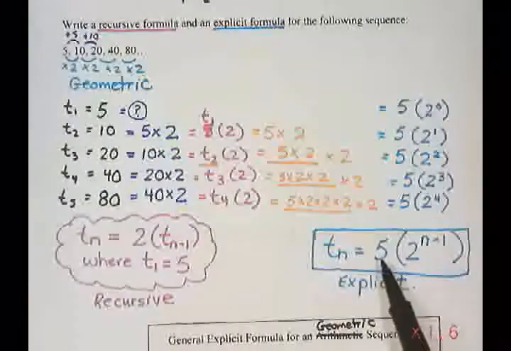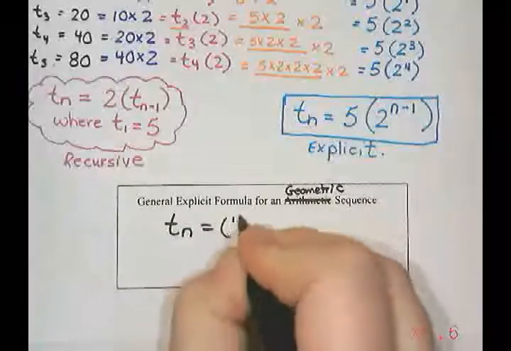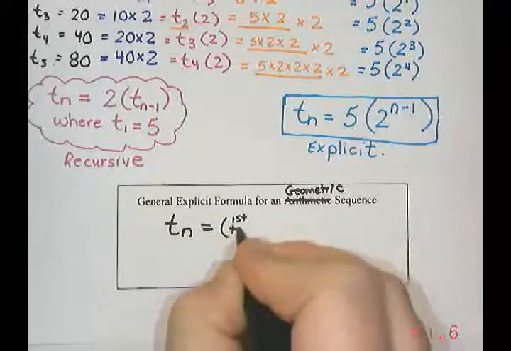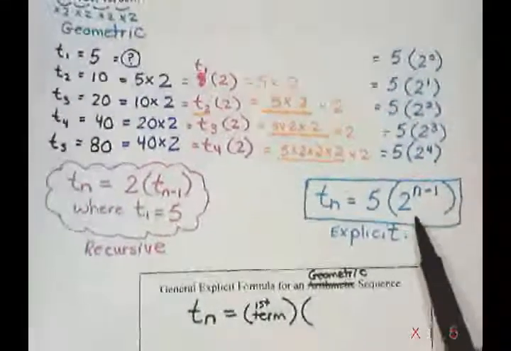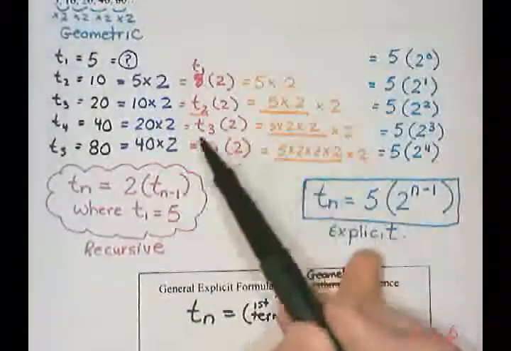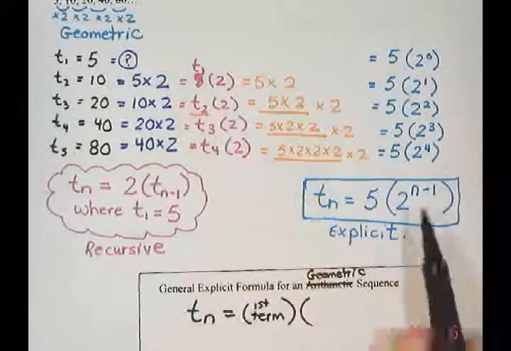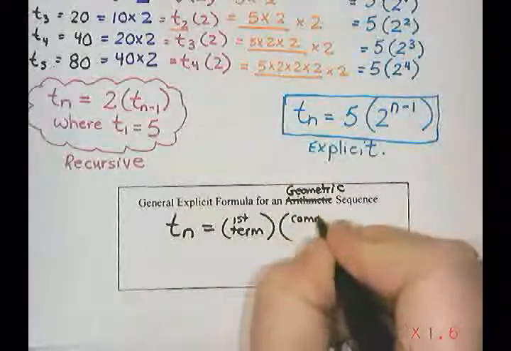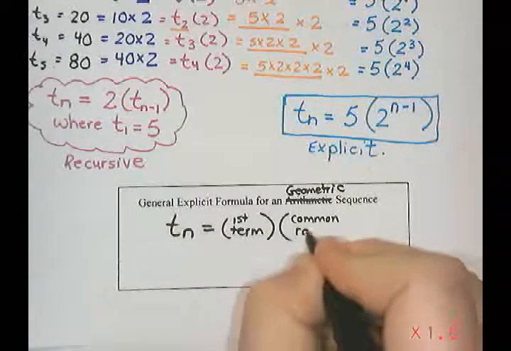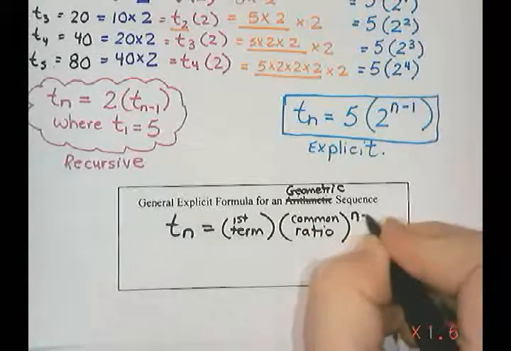So I'm going to write the first term, and I am going to write this out in words first. So it's the first term times, now this 2. The 2 is what I am multiplying or dividing by each time, and that is called a common ratio. So it's the common ratio, and that's to the power of n minus 1.